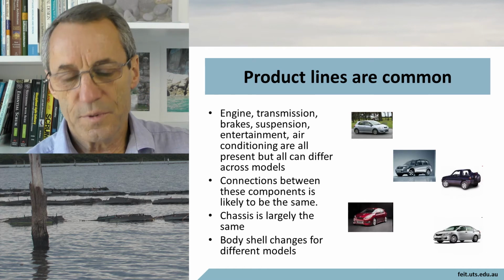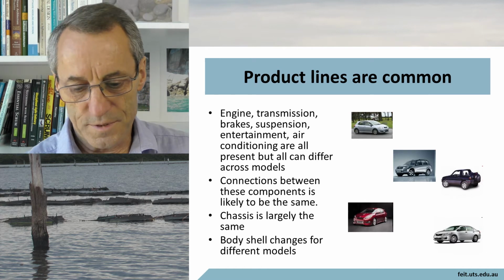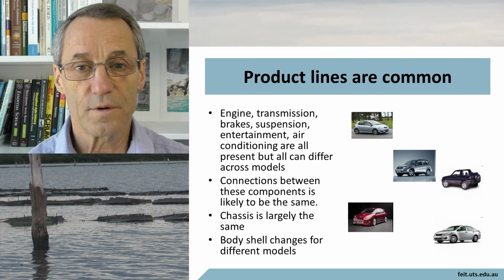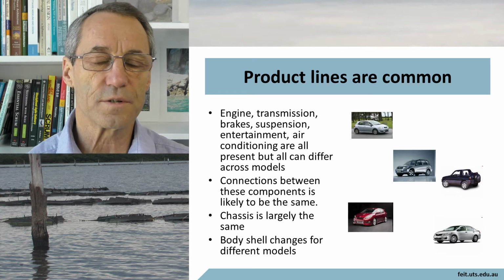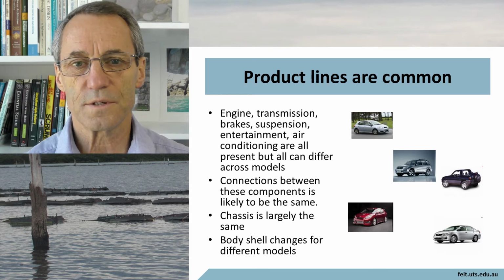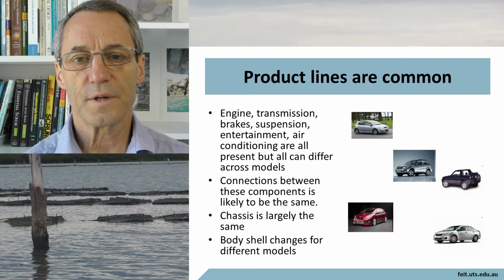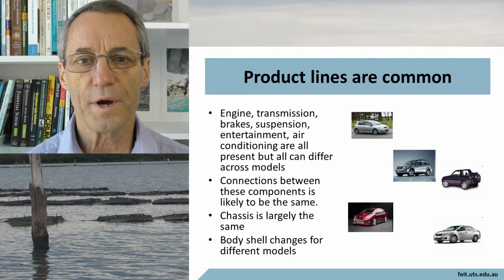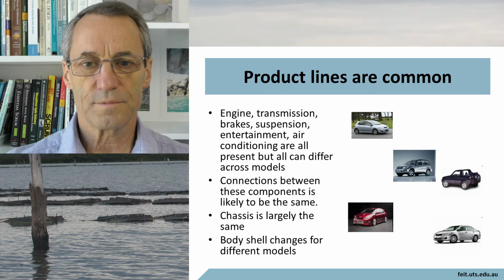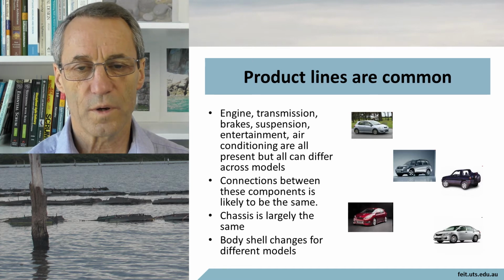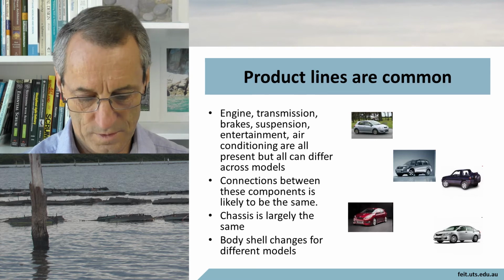Now, the connection between these components is likely to be pretty much the same. The chassis is largely the same, because I understand that developing a car chassis is a very expensive exercise, and it's one of those things that once you do it, you've got that chassis, and it will serve a range of models on that size and in that sort of segment for quite a long time.